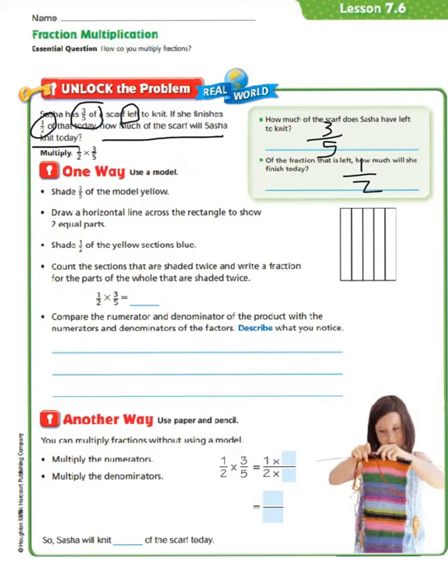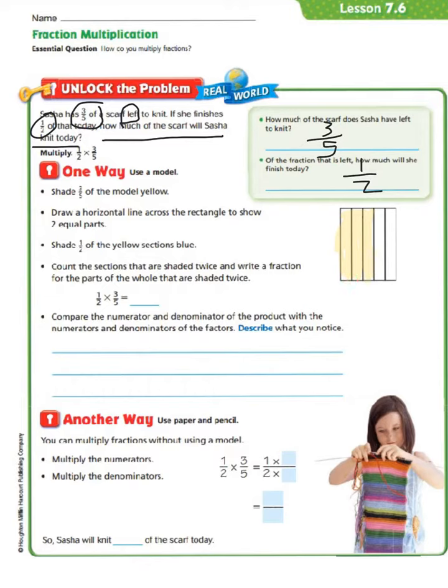And it says to shade 3/5 of that, or 3 out of 5. So let's go ahead and shade 3 pieces of our 5 yellow.